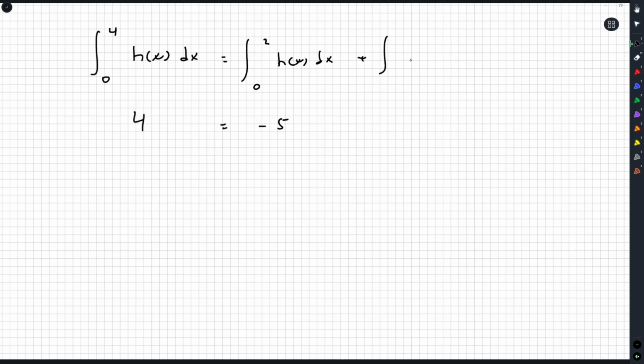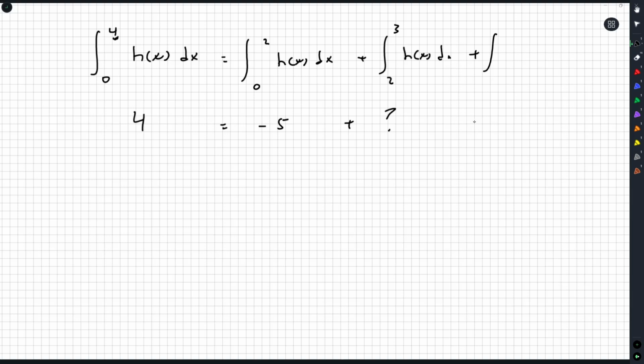So now, as we were saying earlier, using definite integral properties of being able to introduce a third endpoint, this integral, which we know is 4, is the integral from 0 to 2, which we know was negative 5, plus my mystery integral from 2 to 3. And then we got to finish up. We got to get to that 4 endpoint.